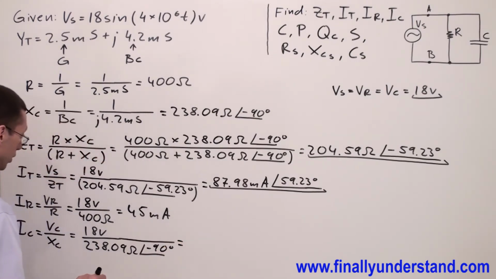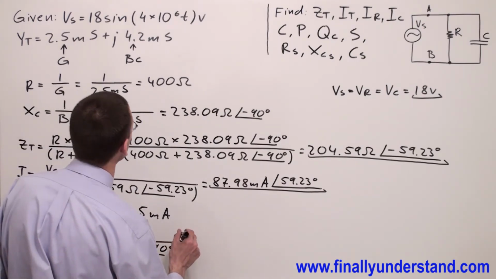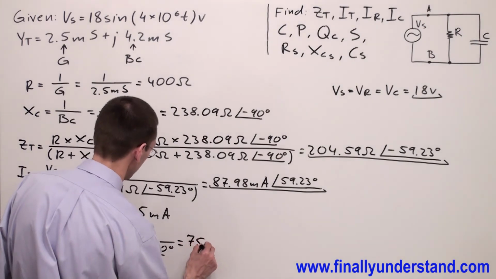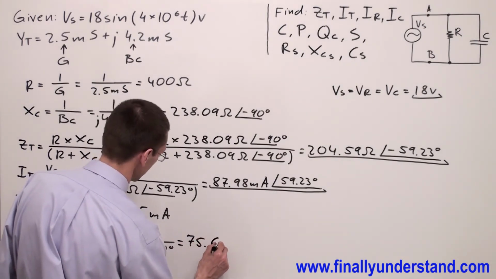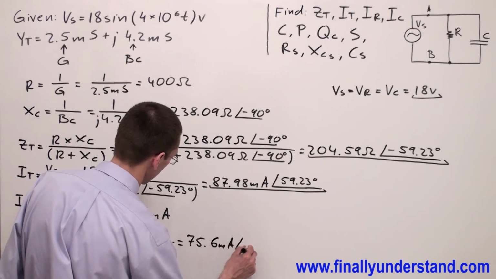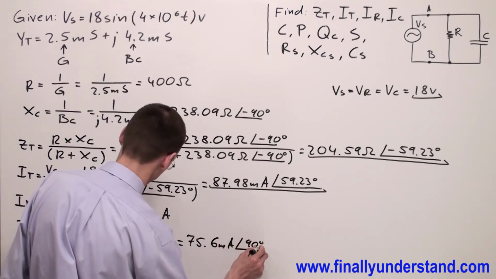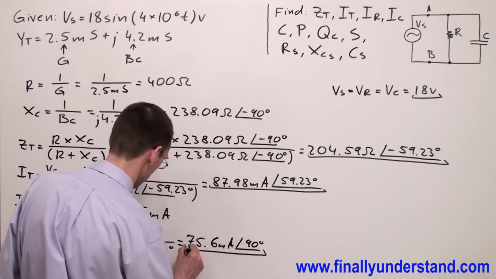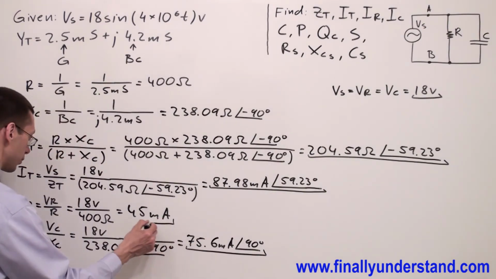Okay, this is equal to 75.6 milliamps and angle of 90 degrees. Okay, these are my currents.